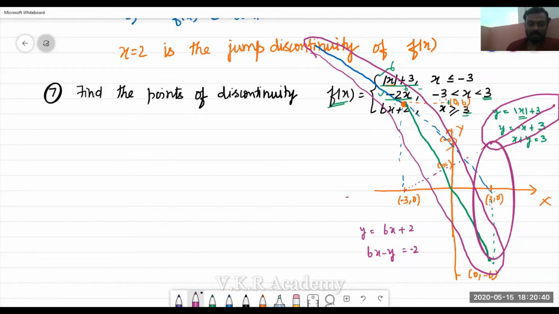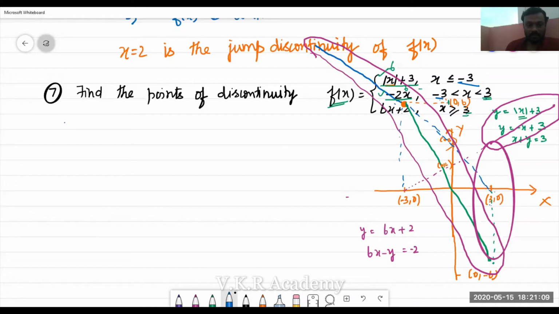Let's prove this analytically. Now we get divided into cases: x less than minus 3, x equal to minus 3, x in the interval minus 3 to 3, x equal to 3, then x greater than 3. So 1, 2, 3, 4, 5 cases we have to discuss.